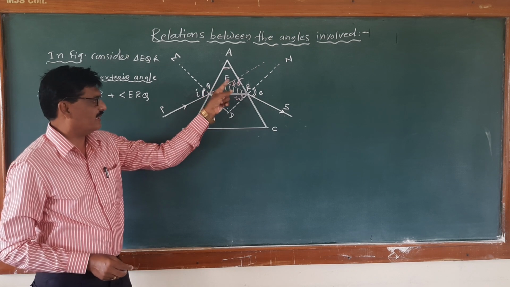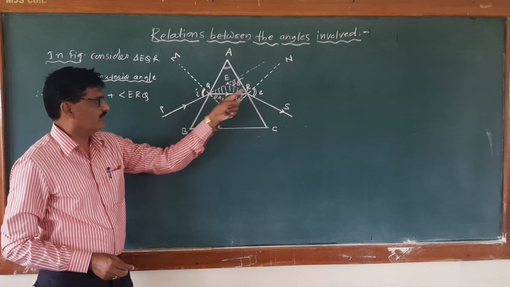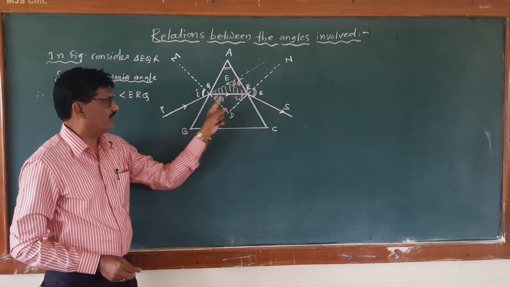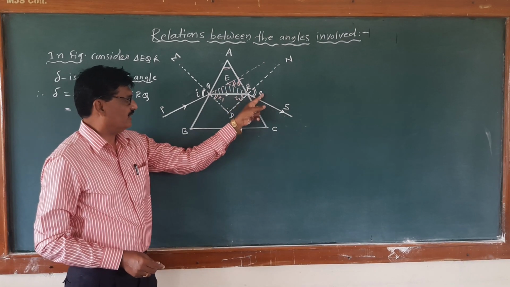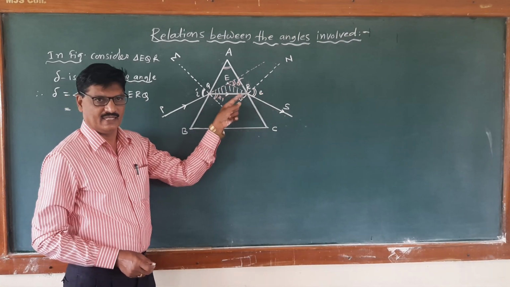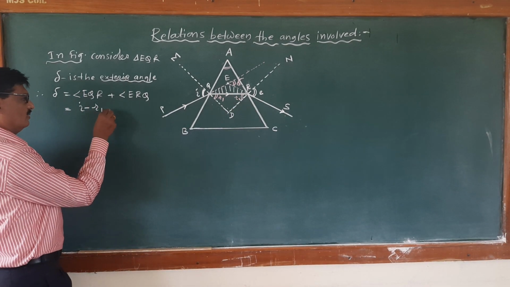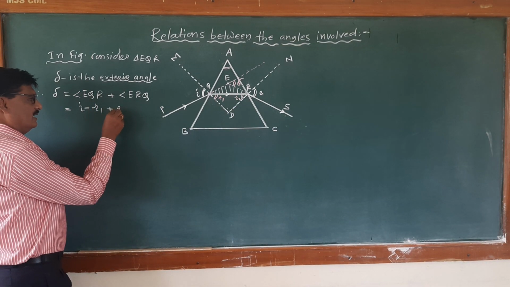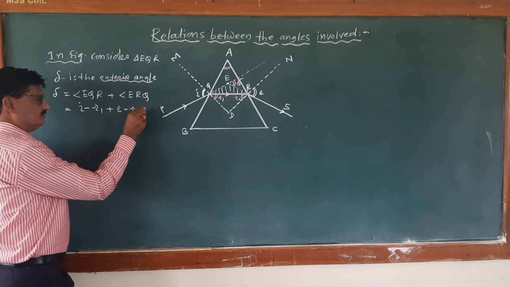Similarly, in case of triangle ERQ, E is the exterior angle of triangle EQR. Therefore, exterior angle minus interior angle, this is E minus R2.